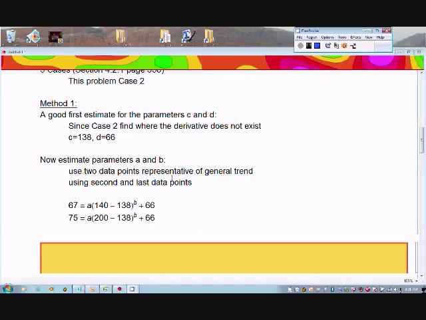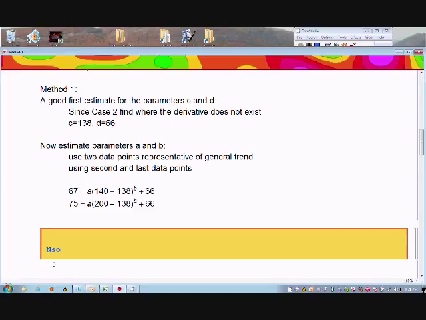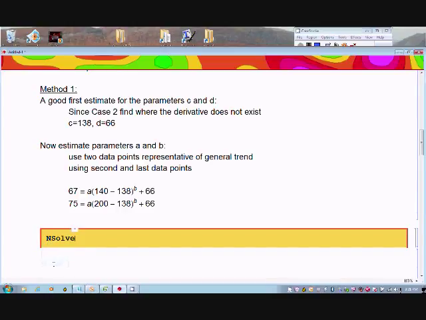So we'll use NSolve, and then our two equations: 67 equals a times (140 minus 138) raised to the b plus 66, and our second equation is 75 equals a times (200 minus 138) raised to the b plus 66.